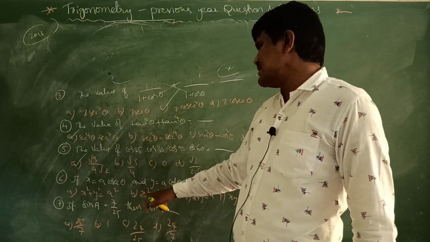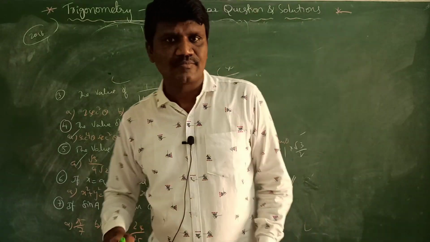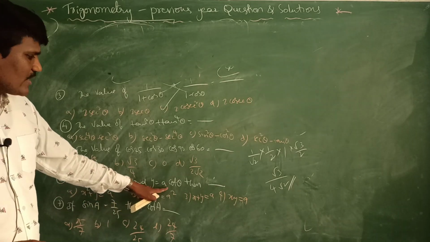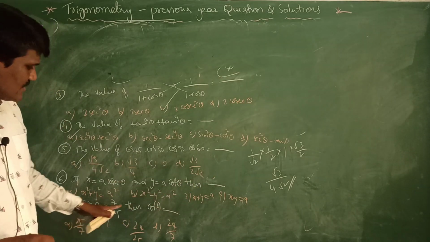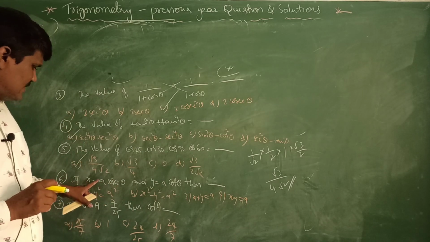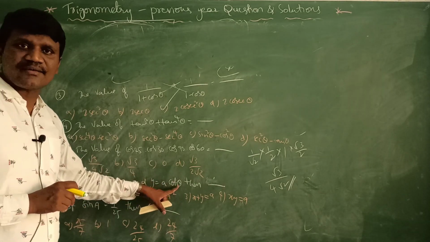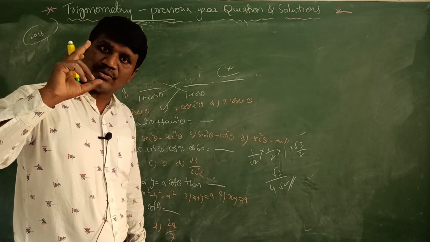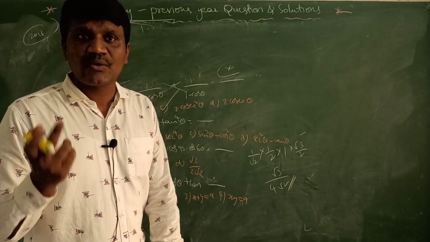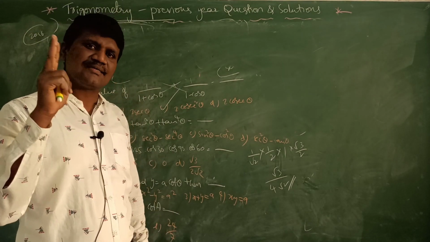x is equal to a cosec theta and y is equal to a cot theta, then which one is correct? By seeing this, already I said we get so many problems based on this. If cosec theta and cot theta are there, you should know which identity applies: identity number 3, cosec square theta minus cot square theta.